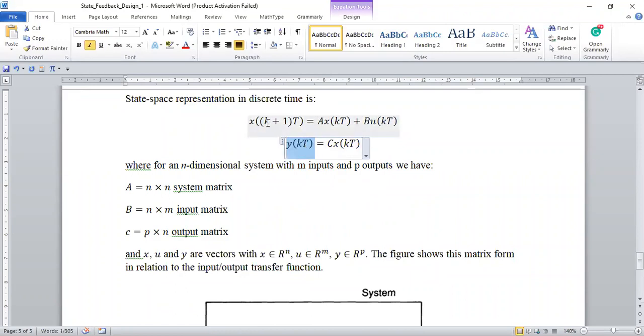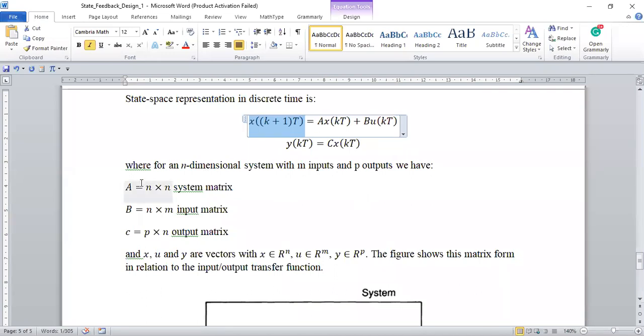But in the discrete time domain, you are dealing with integer values of k, so k can only be integer values. That's the difference. In the continuous time domain you have the derivative, but in the discrete time domain, you use a difference equation. So this is a difference equation.